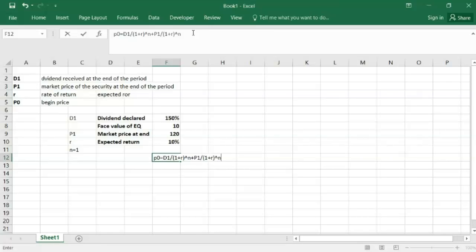Here we have taken n as 1. This is the formula I will use to calculate the intrinsic value of such securities which are traded in the market. I have the data, so I'm going to substitute it to get the result.